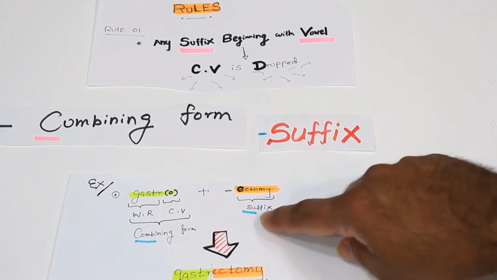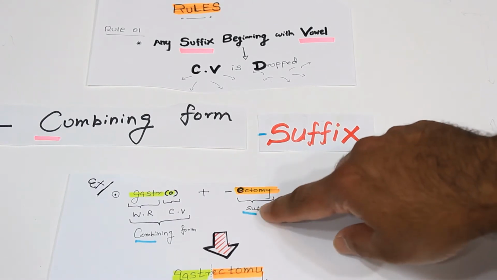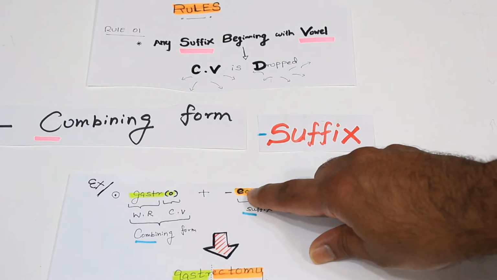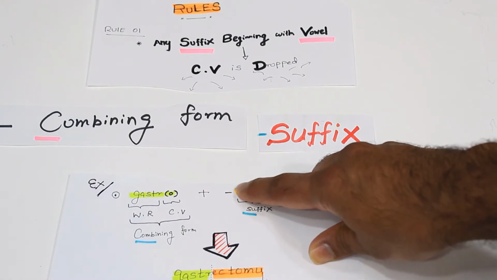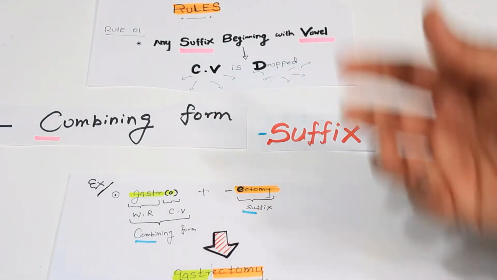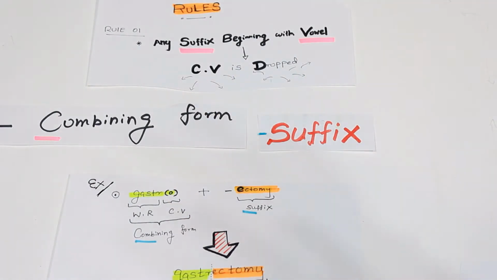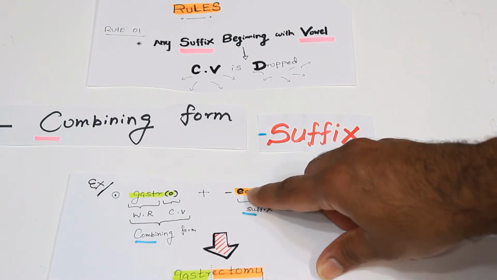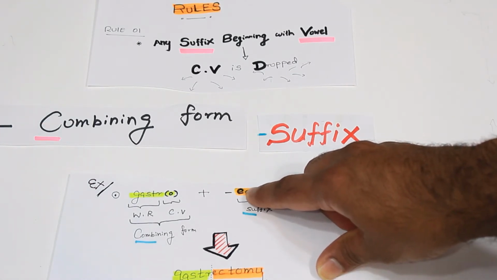But look at this. This suffix has a vowel, E. The combining form also has a vowel, either O or I. The problem is that the suffix begins with a vowel.